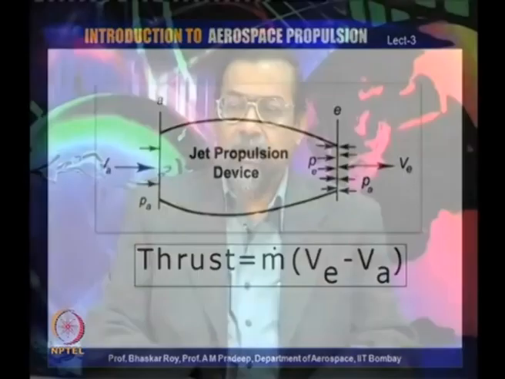As a result of this, the working medium acquires a change of momentum. This change of momentum is what finally manifests itself in the form of force, or more specifically the action of the exhaust jet from the propulsive device creates the reaction, which is the propulsive force, or what we would more specifically be always referring to from now onwards as thrust.